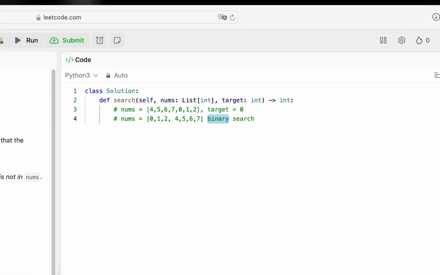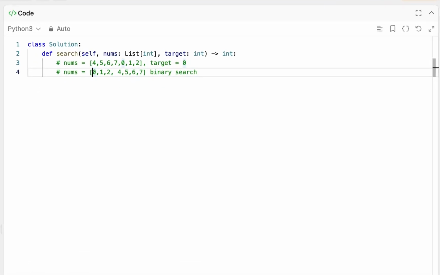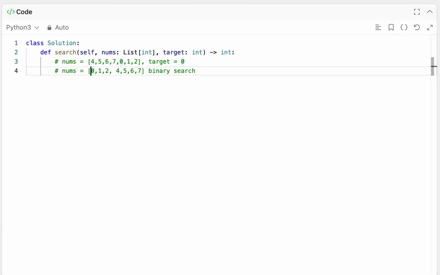So how binary search works is, we get the length of this array, so 0, 1, 2, 3, 4, 5, 6, 7. Sorry, 3 here and 4 here, so 7 in total. We would just divide it by 2. That gives us 3, so 0, 1, 2, 3.